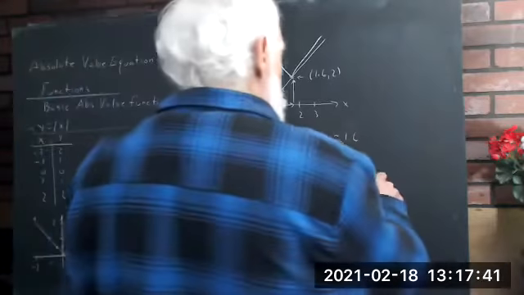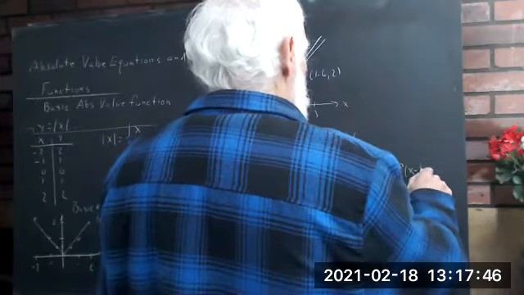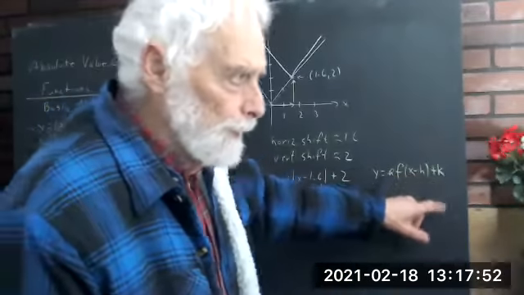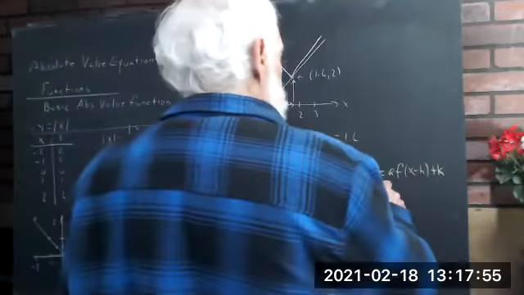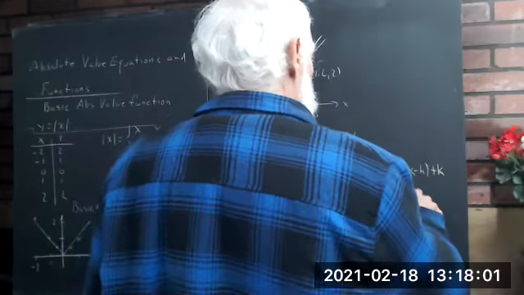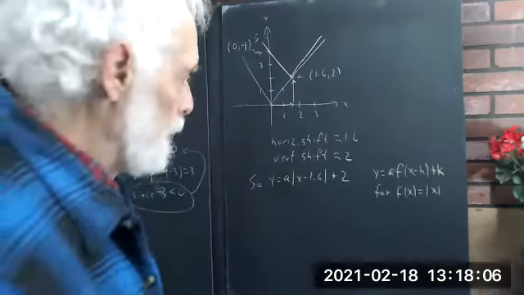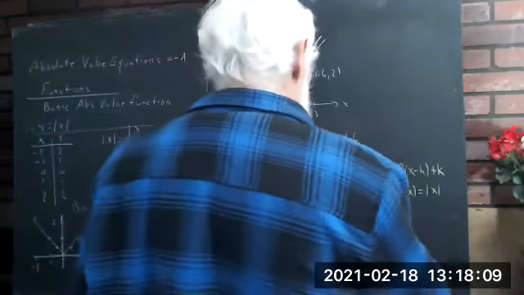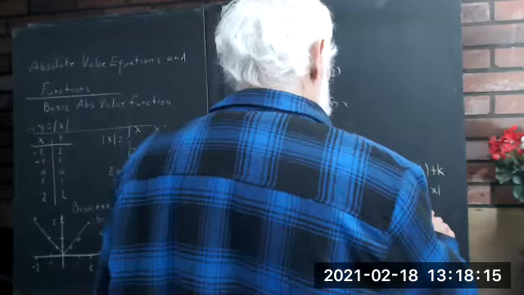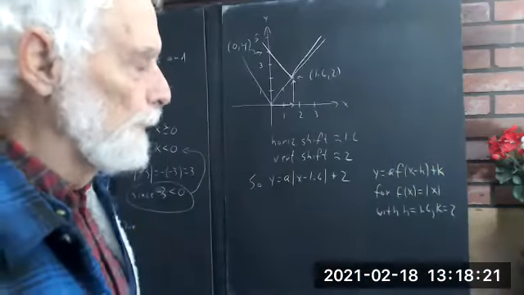Okay, this is the form y equals A times f of x minus h plus k, for f of x equal to the absolute value of x, with h equals 1.6 and k equals 2.